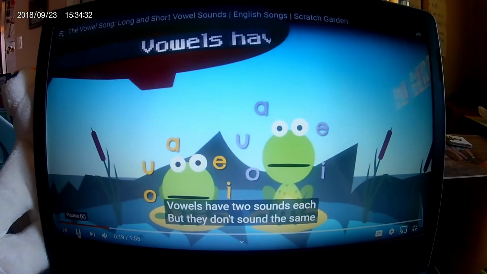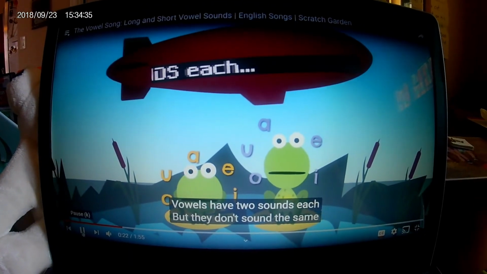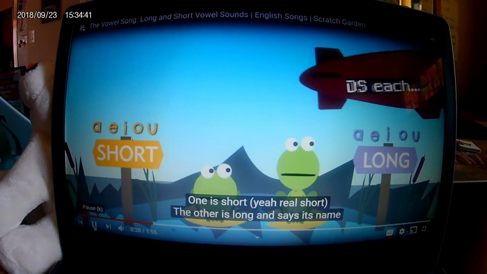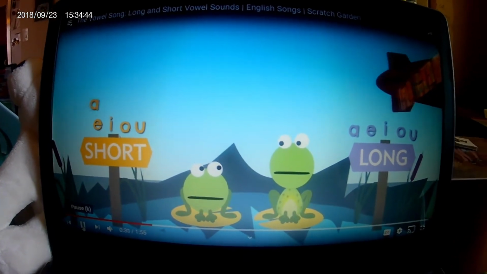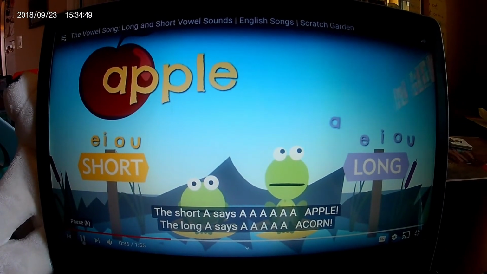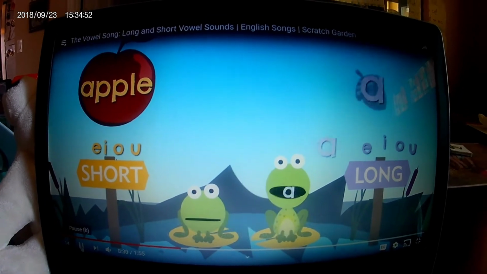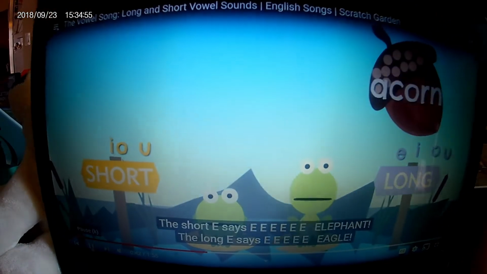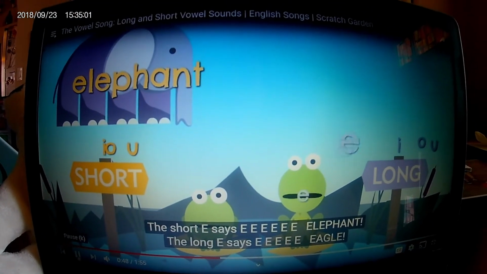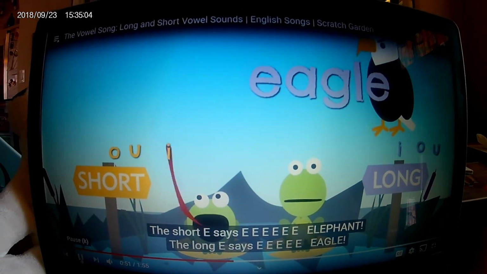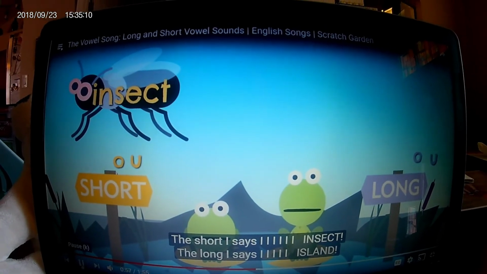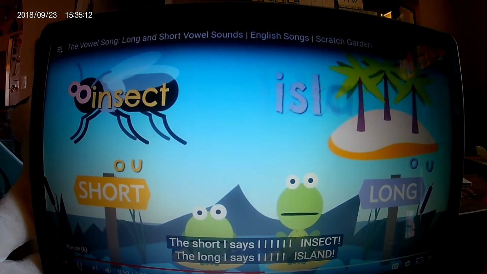Vowels have two sounds each, but they don't sound the same. One is short, yeah, real short. The other one's long and says its name. The short A says apple, and the long A says acorn. The short E says elephant, and the long E says eagle. The short I says insect, and the long I says island.